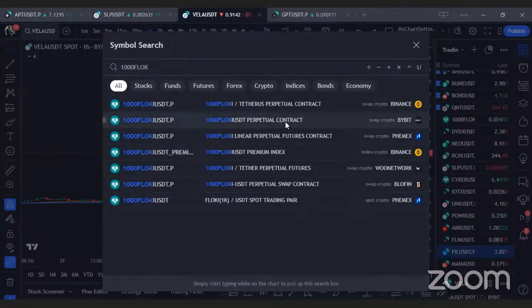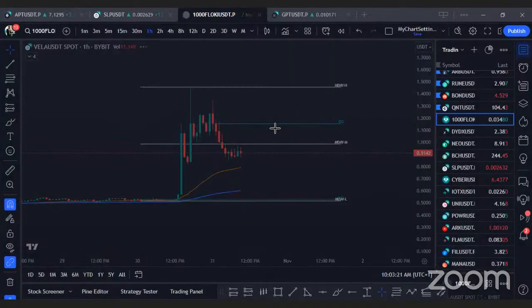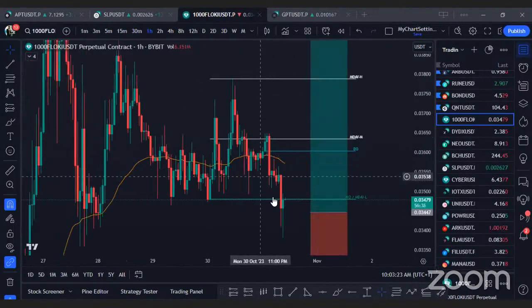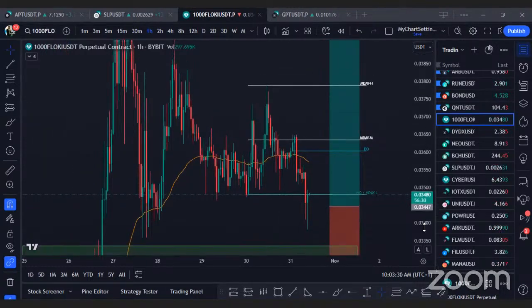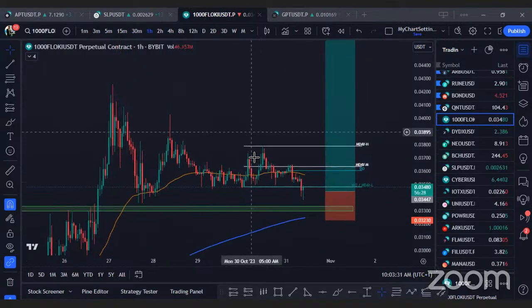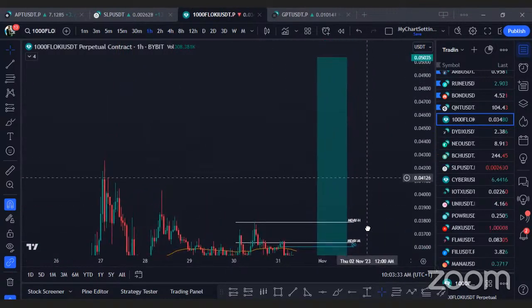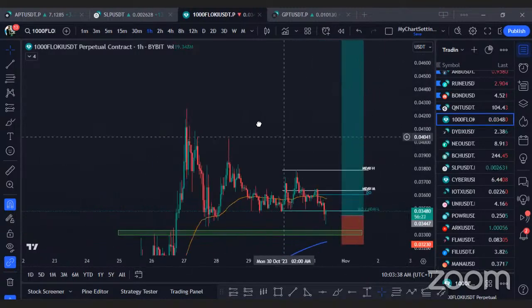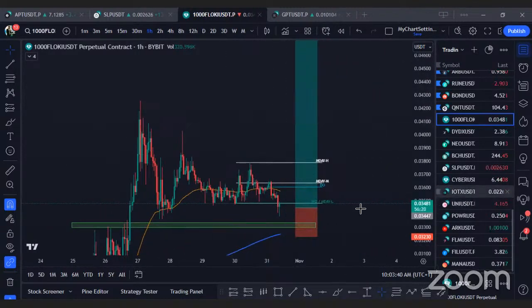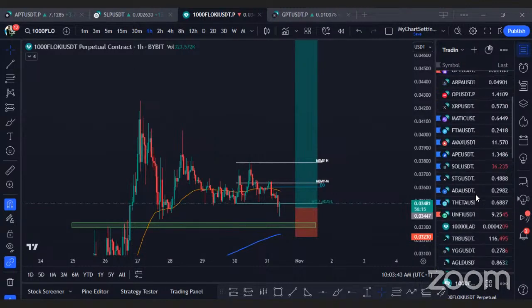But TP for this is 50 cents, very far. That's what I'm looking at. I don't know how many days it will take to get there, but that's basically what I am looking at.